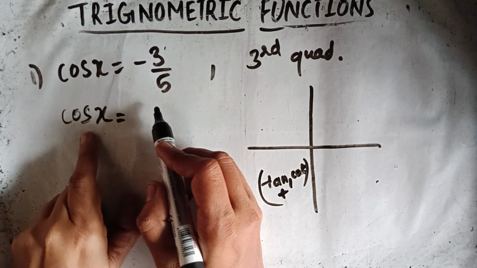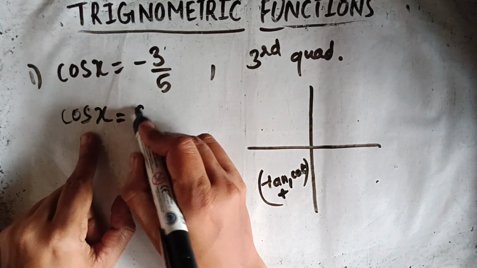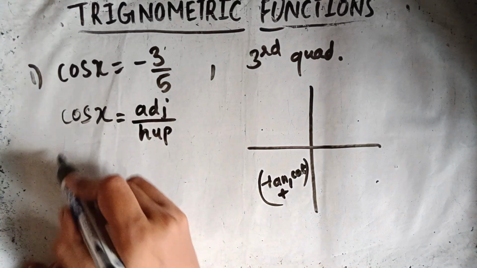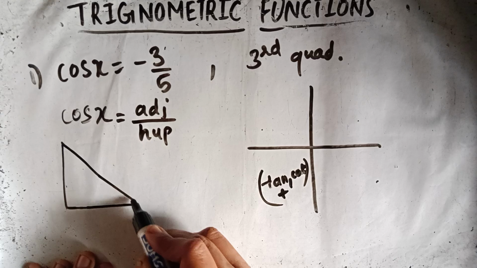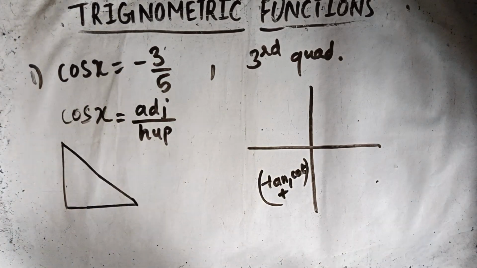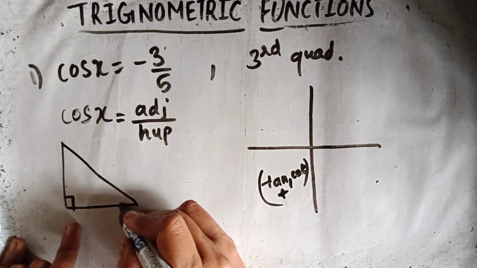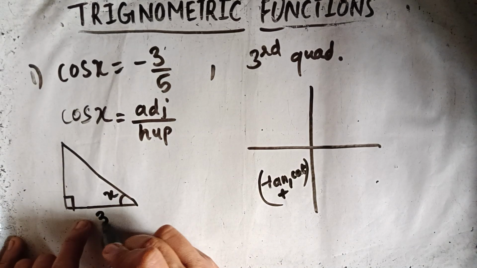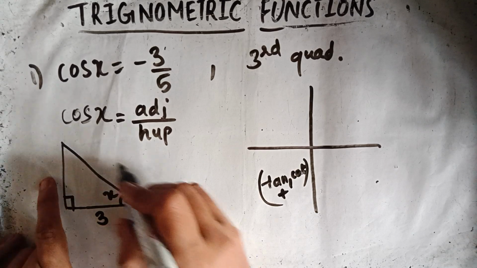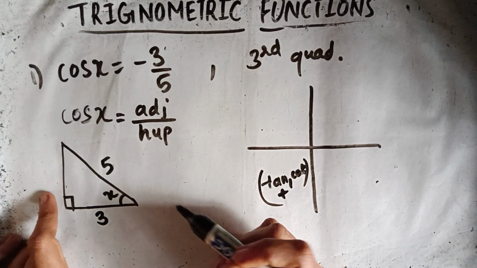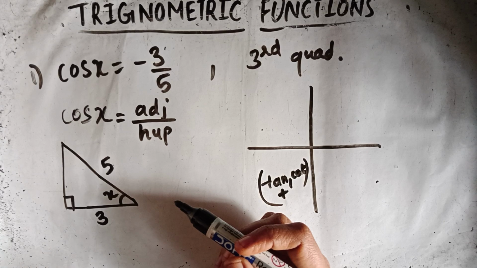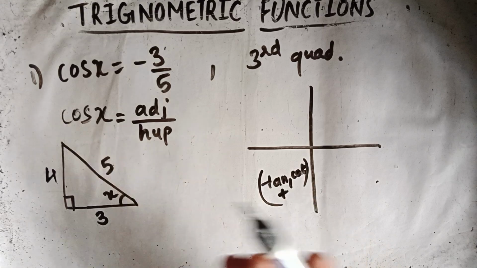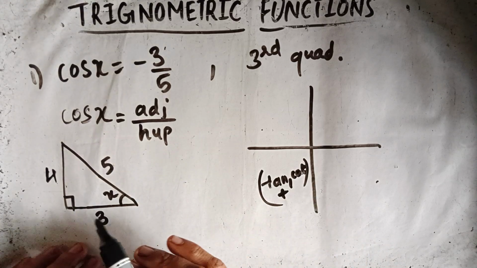Okay, so we can write cos of x as adjacent upon hypotenuse. Okay, so if you draw the triangle, neglect this negative sign. Here your angle x is there, adjacent is 3 and hypotenuse is 5. So if you know the triplets, this value will be 4, or you can use Pythagoras.